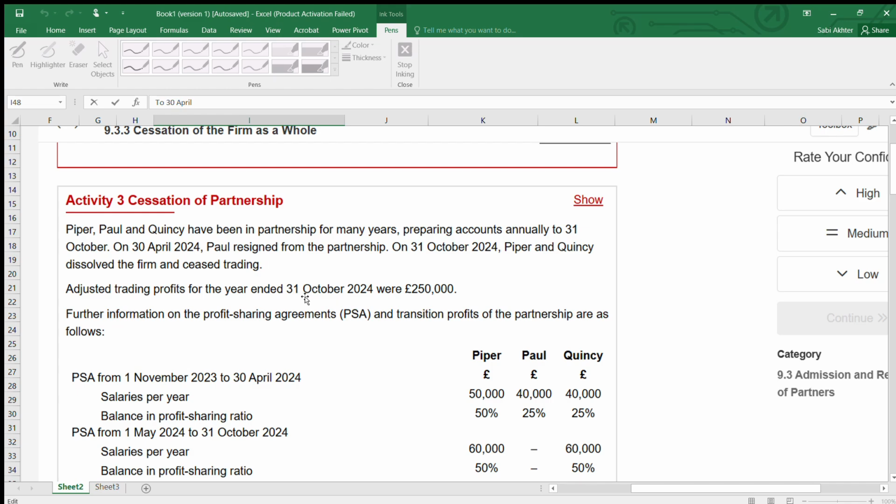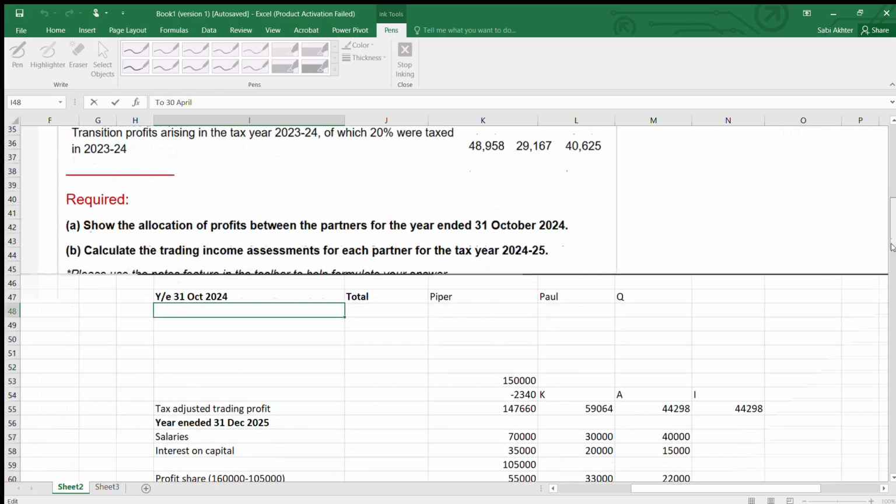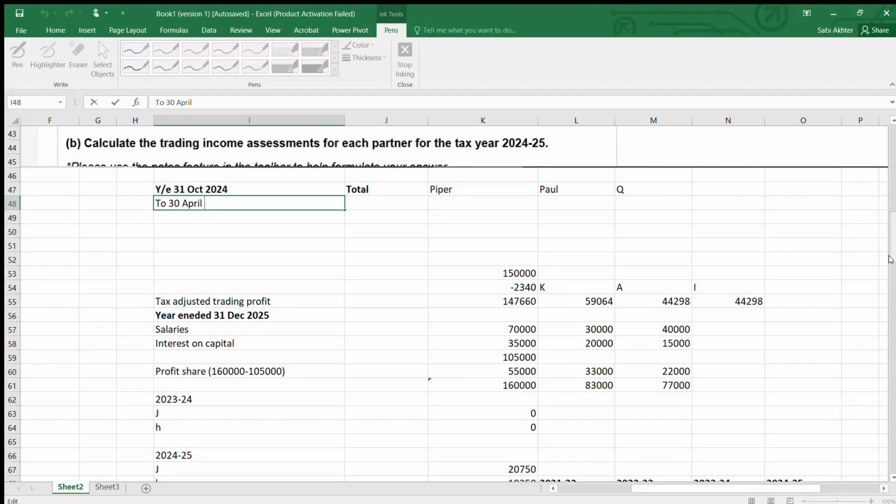So if you take from 1st October 2023 to 30th April, it is 6 months. So you have to take 250 for 6 months, which is here. This is the total. So 6 months of 250 thousand is 125,000.